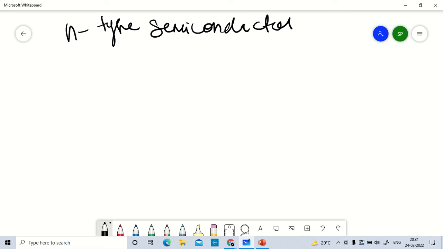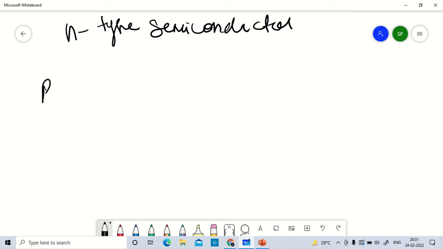When an atom of plus 5 valency element occupies the position of an atom in the crystal lattice of silicon, 4 of its electrons bond with 4 of silicon neighbors, while the fifth remains weakly bound to its parent atom. Okay, when I say p type and n type, it's very self-explanatory which one has more electrons and which one has more holes.